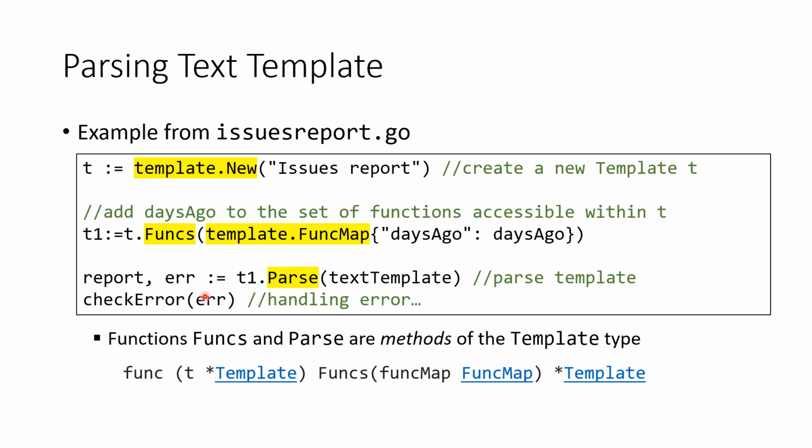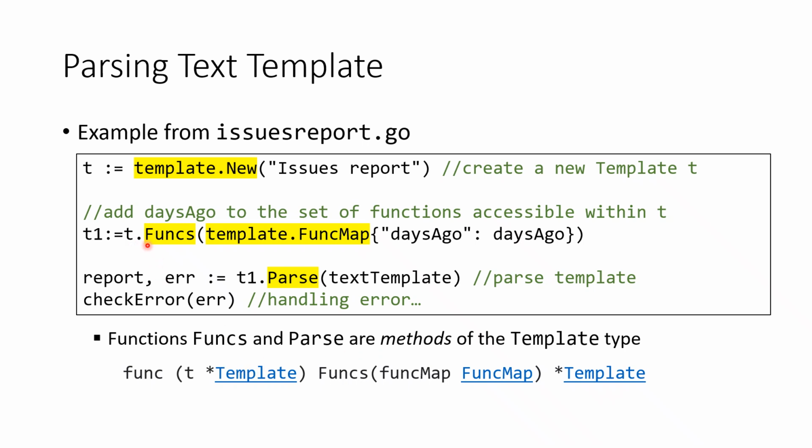Function Funcs is a method of the template struct, which means that it is associated with the template type and therefore can only be invoked on a template value using the dot operator.